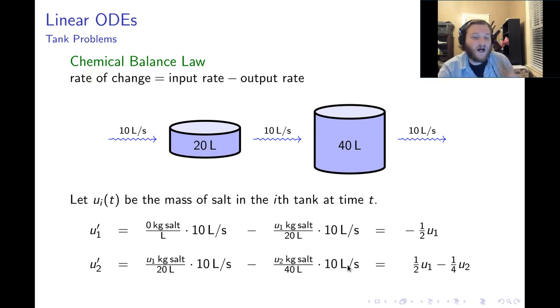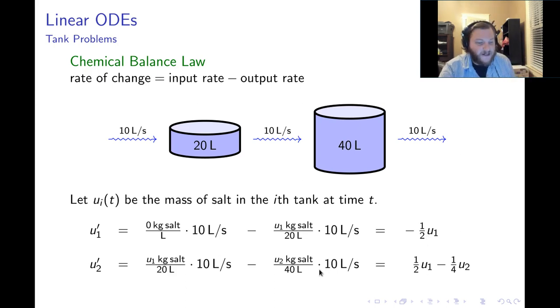But what is the concentration of salt in that escaped liquid? Well, this would be the amount of salt in the second tank, that's U2, divided by the volume of the tank, which is 40 liters. So we have an input rate and an output rate here. For the first tank, the input rate of salt is 0 because there is fresh water flowing into the tank, but the output rate ends up being negative 1/2 times U1.